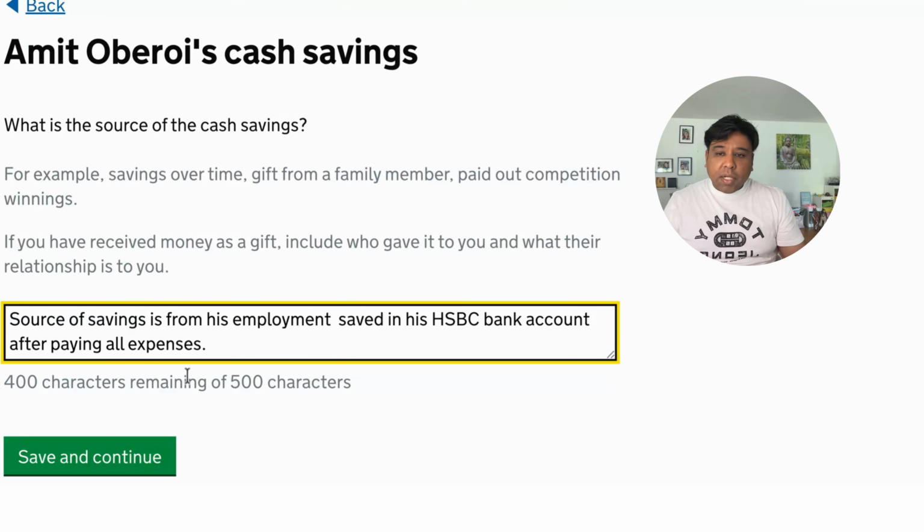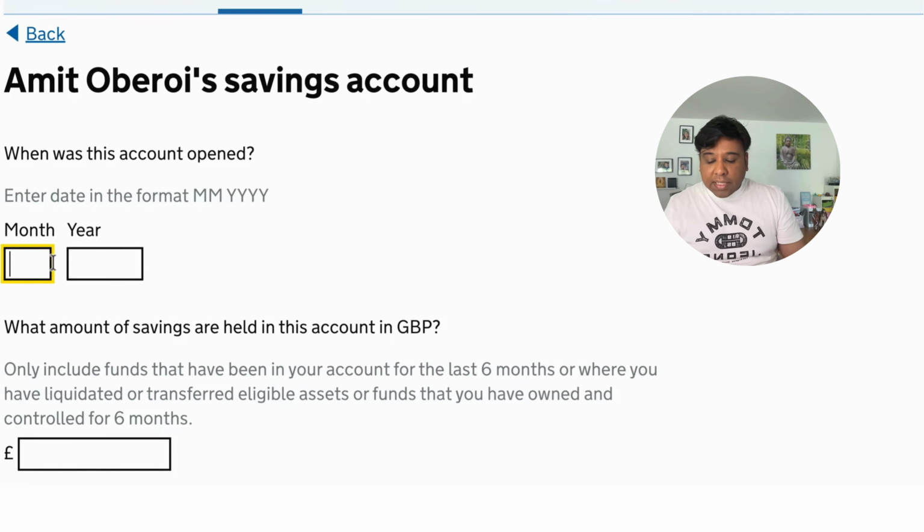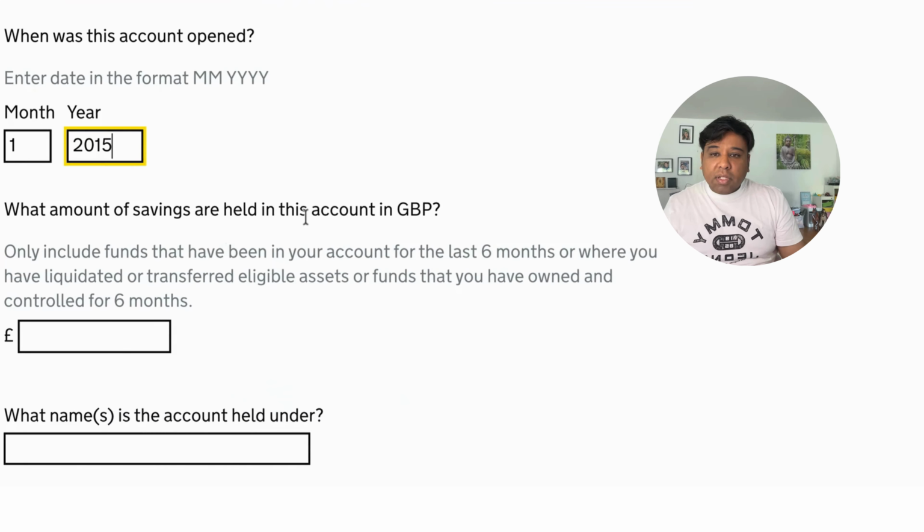That's it, right? When was the account opened? So you need to ask Amit. So for example, the account was opened in 2015. What is the amount of savings held in this account?